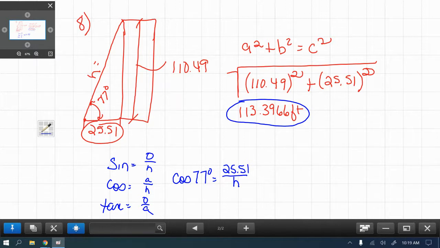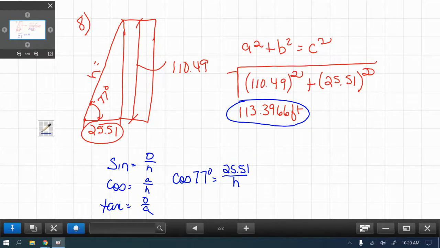Cosine. So that's one, so I got the same thing.